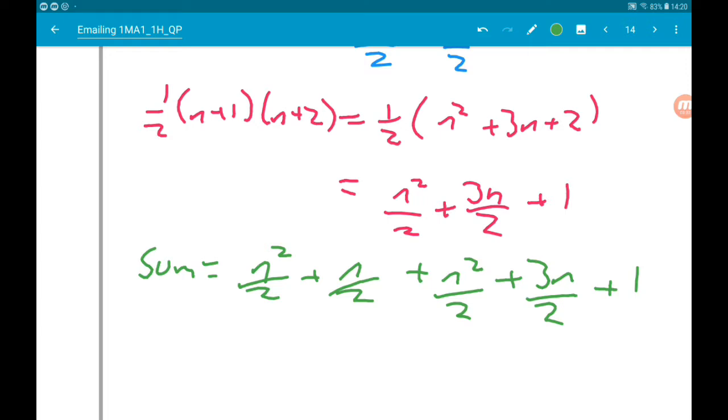N squared over 2 means half of n squared, so if you're adding half n squared to half n squared, you have 1 whole n squared. And then very similarly, we have half an n add 3 halves of an n. Altogether, that's 4 half n's, so that's 2 whole n's.